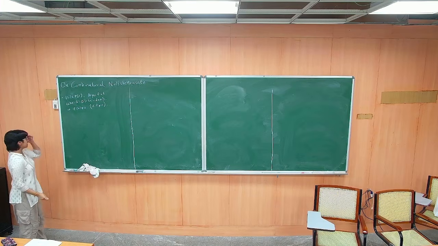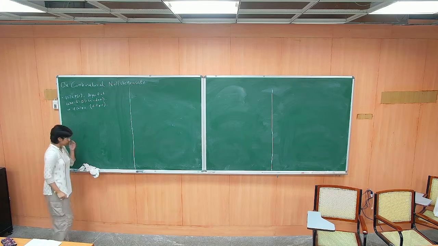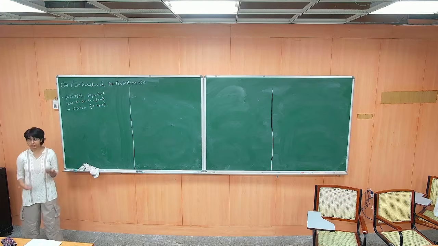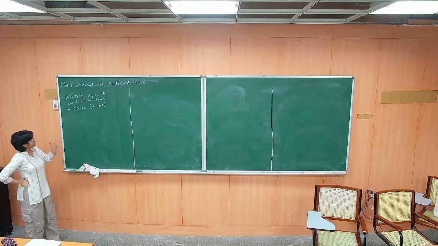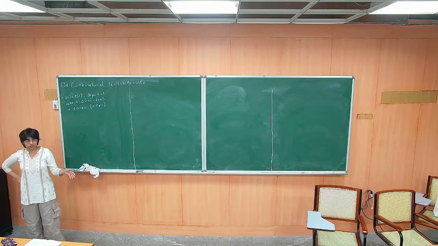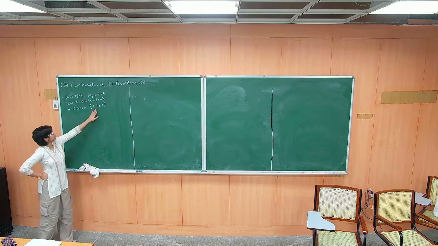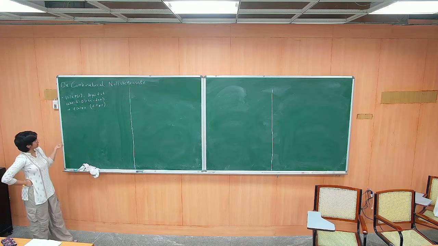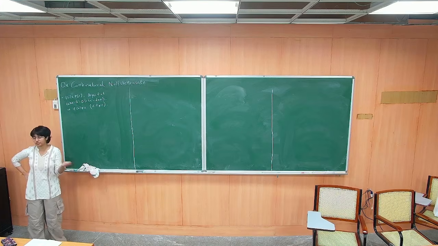So what this says is that if I have a polynomial given to me and I can evaluate at t plus 1 many points, and I've been told that the degree is t and the polynomial is non-zero, then there must be one point where it evaluates to not 0.